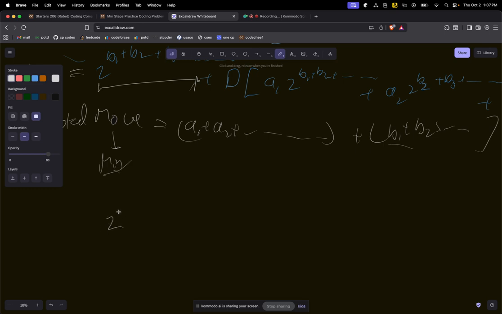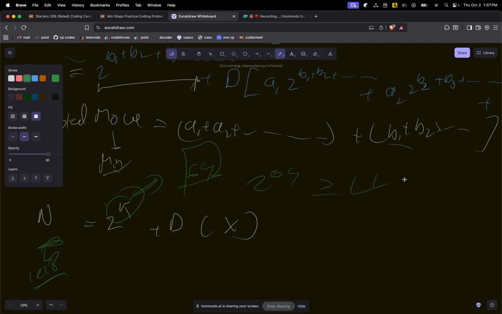I can reduce to 2 to the power k plus d into some variable x. It has to be equal to n. Now n can be as large as 1e18. So k would be around 60 or 64, even if you take 64. 2 raised to the power 64 is beyond even LL max, I think. Okay. So I can go over all k.